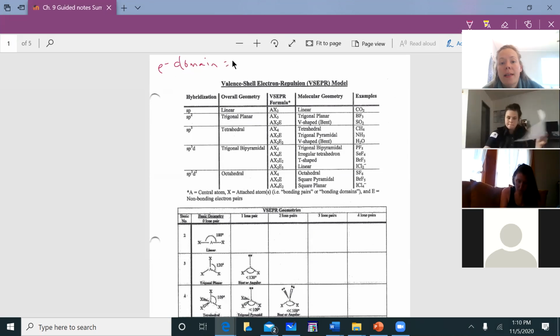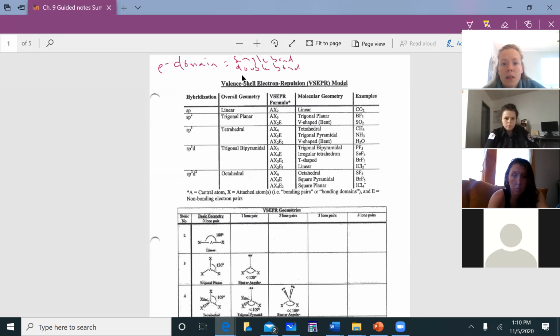One electron domain is equal to a single bond, it could be a double bond, could be a triple bond, or it could be a lone pair of electrons.